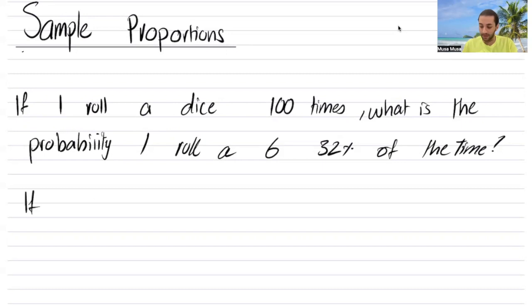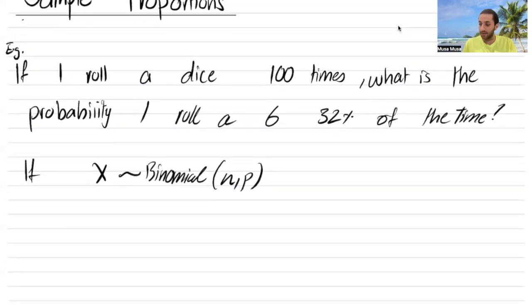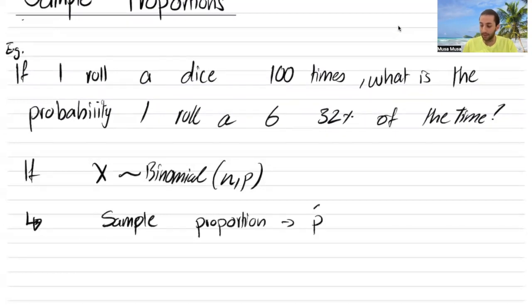So if X, this is an example we'll put here, if X is a binomial with n and p, then we call this thing the sample proportion, and we denote this by p with a little hat on top. Okay. Now this p hat is given as X over n. So let's give a particular example.